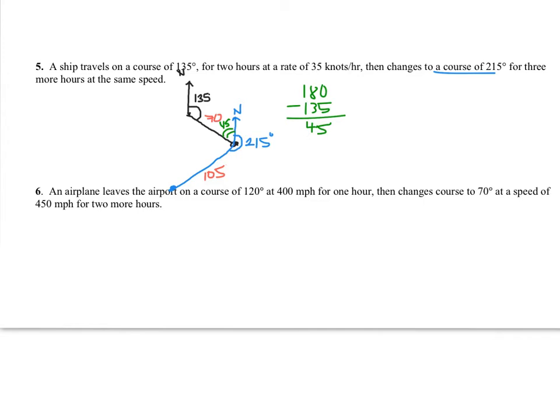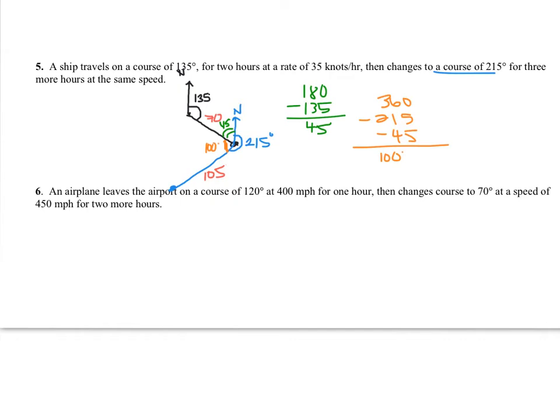Looking at the inside of the picture, that goes all the way around that second blue north. To get that angle in orange, we could do 360 minus 215 minus 45. If we subtract all of those, the angle on the inside would be 100 degrees.